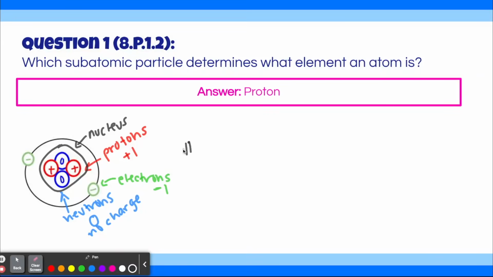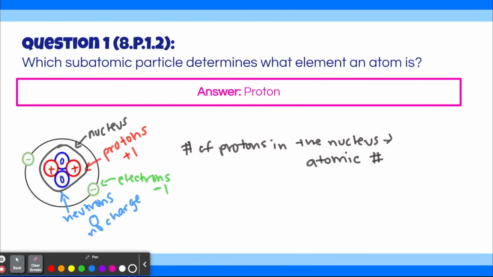The number of protons in the nucleus is known as the atomic number of an element.